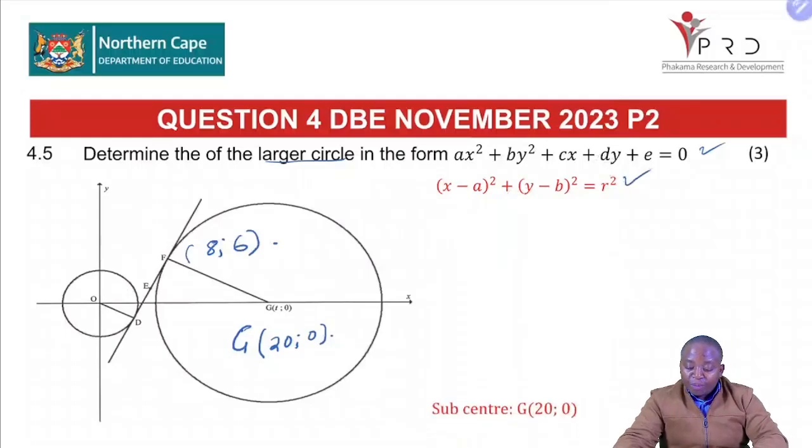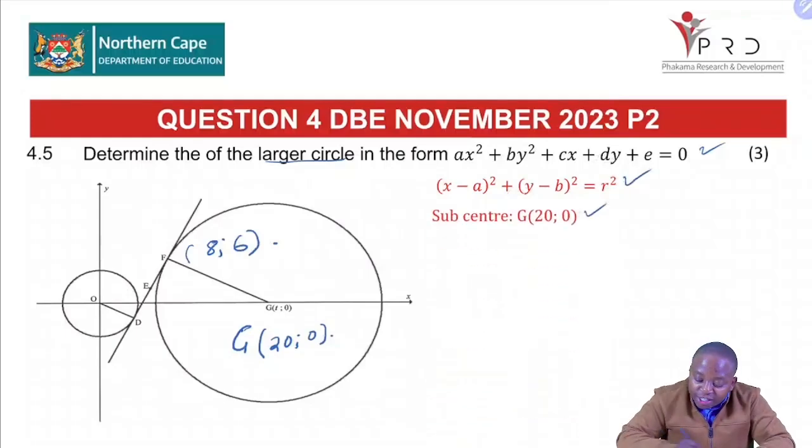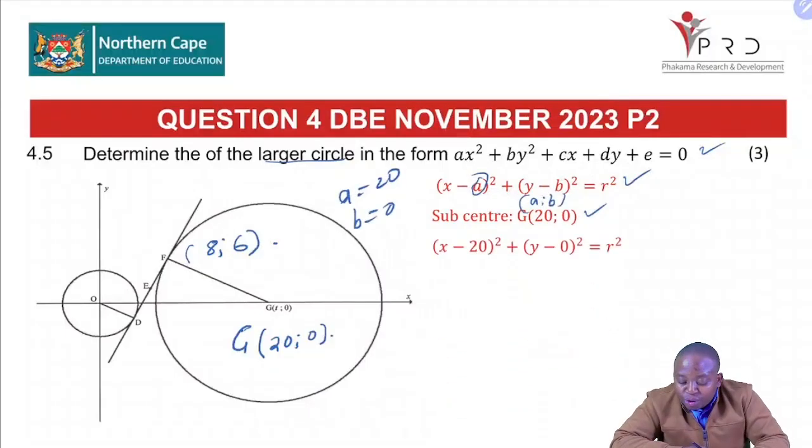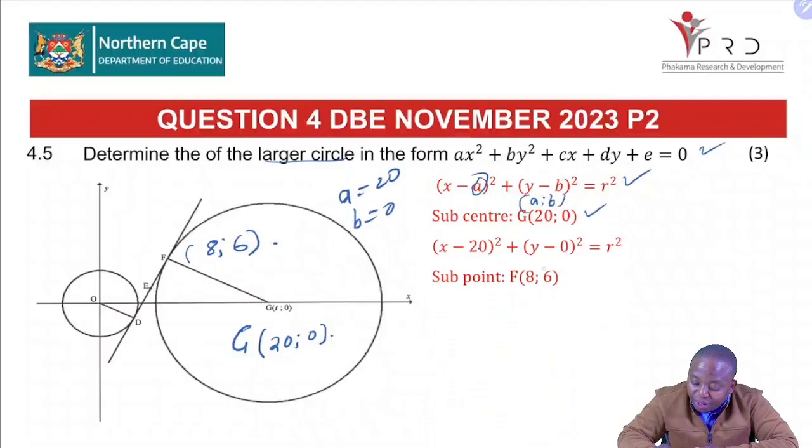Then what do we do from here? We're going to substitute the center, which is G. Remember, the coordinate of a center is a:b in this case. Then our a is 20, and our b is going to be 0. When I substitute, I get x minus 20 all squared plus y minus 0 all squared equals r squared.